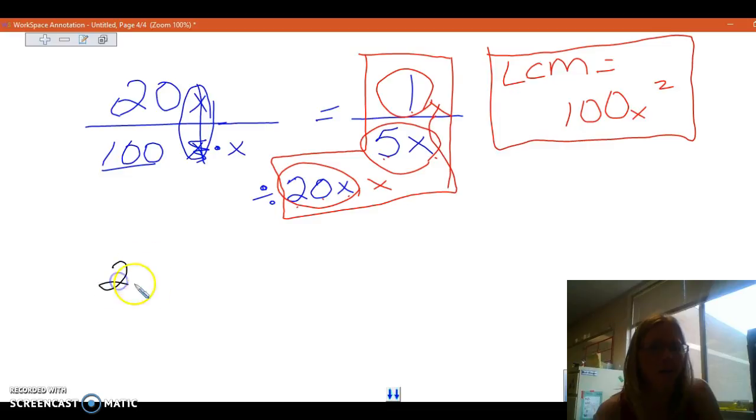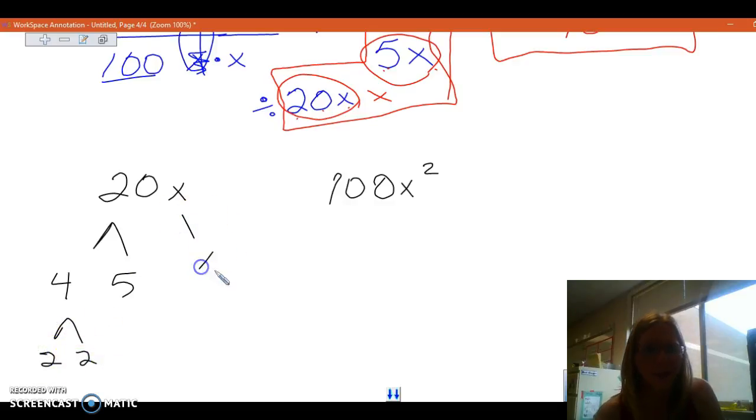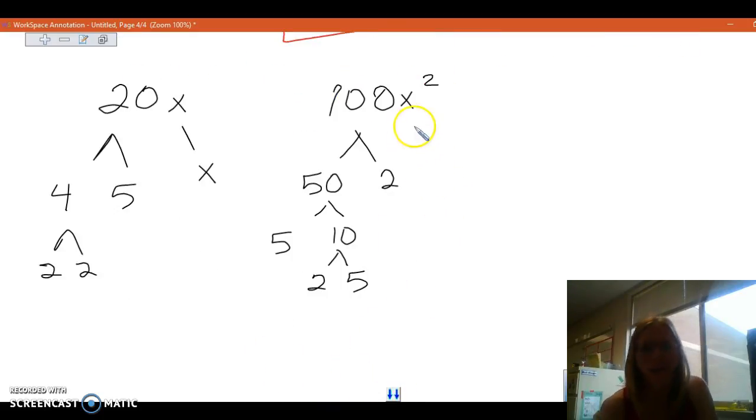Using the factor tree or prime factorization method real quick. Okay. 20 would give us 2 2's and a 5. X is just going to be x. 100 is going to give us 2 5's, a 2, and another 2. The x squared is going to give us 2 x's.